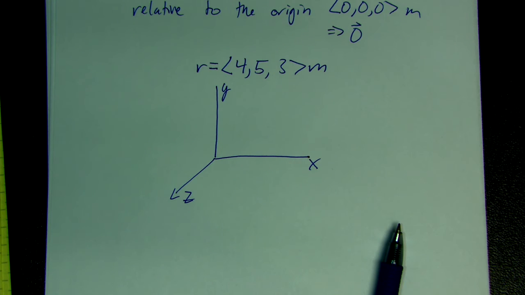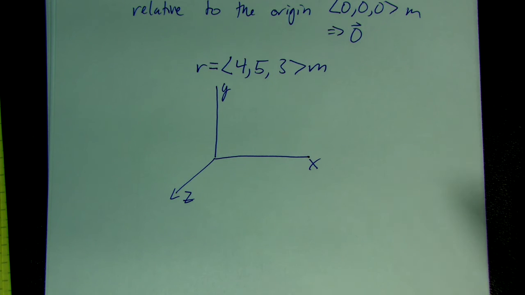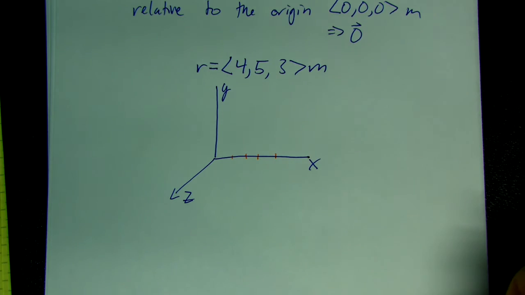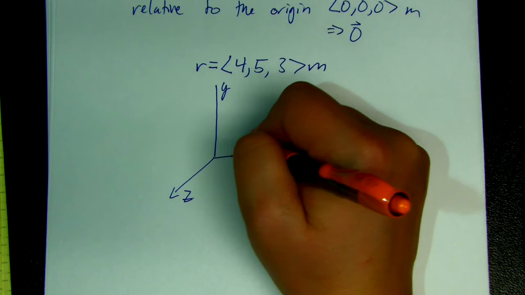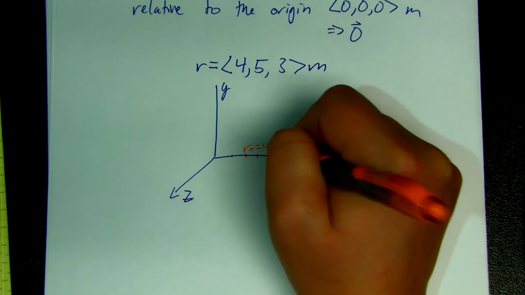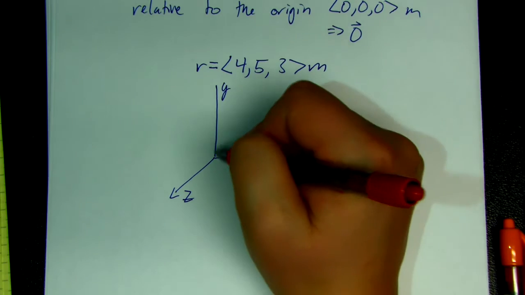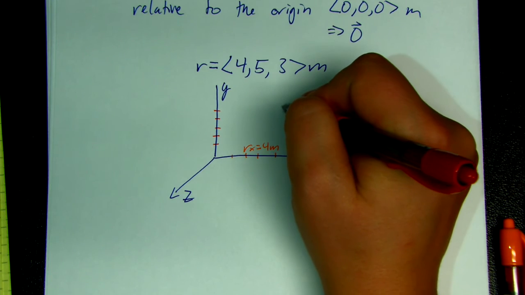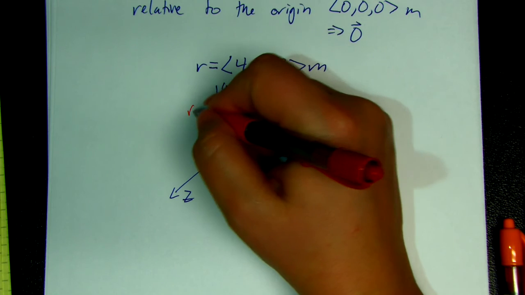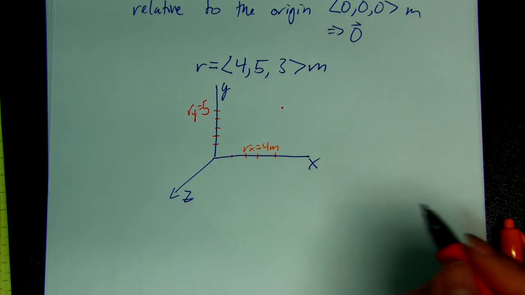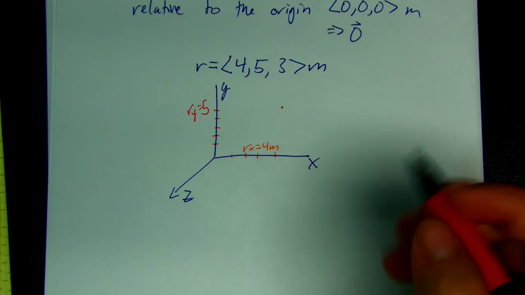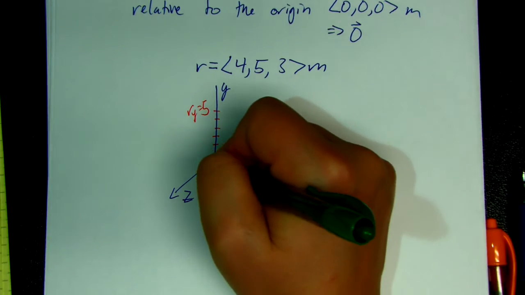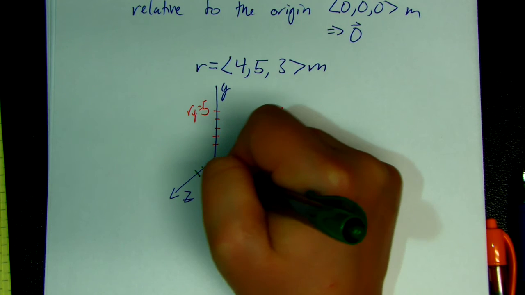Okay, so what we would do, we're coming over 1, 2, 3, 4 in X, so our X is equal to 4 meters. Then our Y, 1, 2, 3, 4, 5. So our Y is equal to 5. And then in Z, it's equal to 3. Just enough colors, 1, 2, 3. Rz is equal to 3.